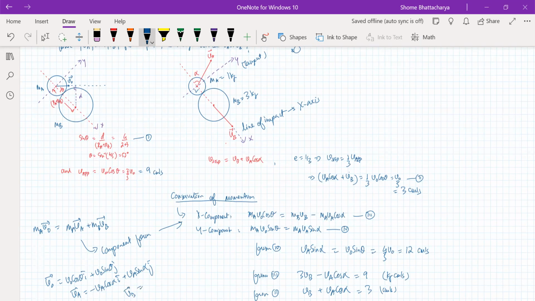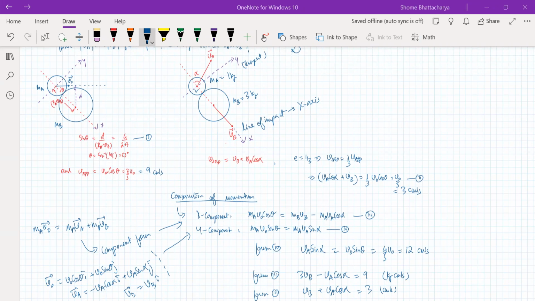The momentum conservation equation is easier to write. So when we are writing this in component form, the individual components become like this. Okay, is this clear, Anshul? Yes, sir. Okay, good. So now you have to just solve these two.